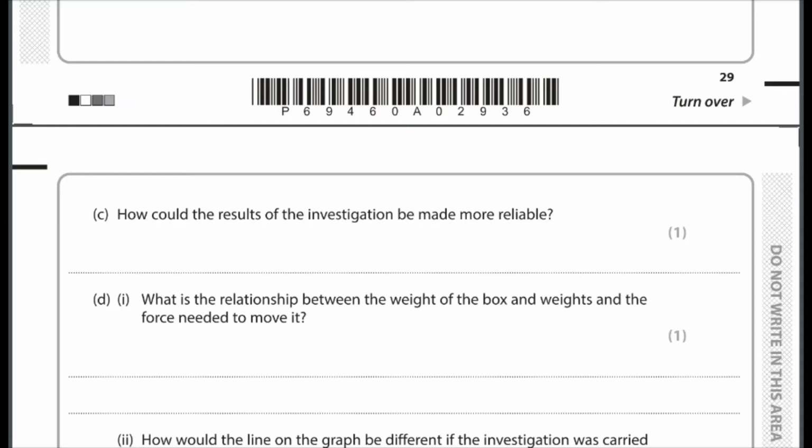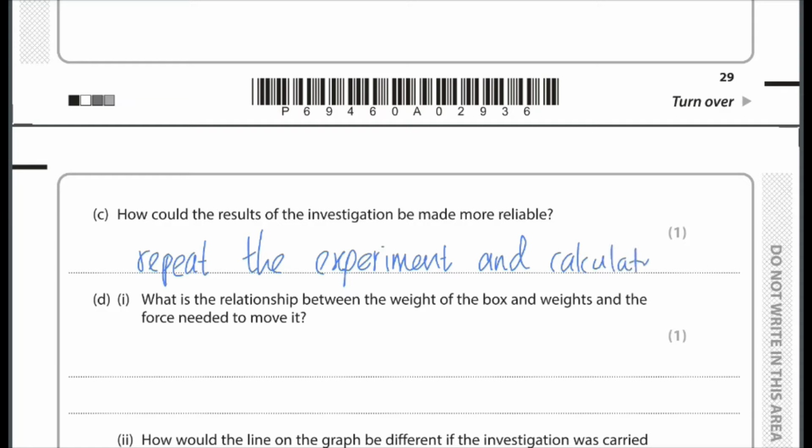To make it more reliable, we can do the experiment several times, so repeat and take an average. Next one: what is the relationship between the weight of the box and weights and the force needed to move it?